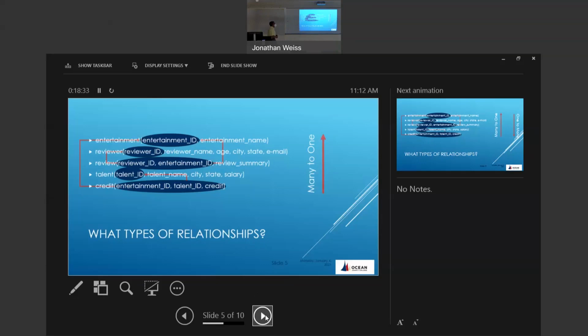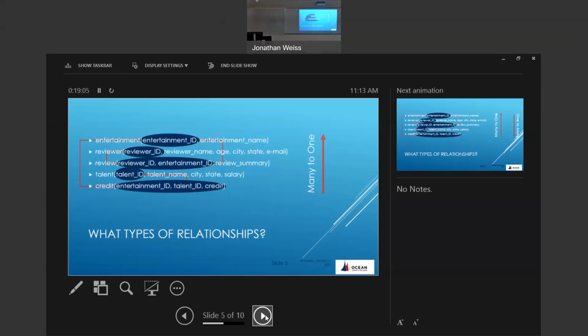So the relationship between review and reviewer is many to one. Likewise, there may be many reviews for a single entertainment. So the relationship to entertainment is many to one.